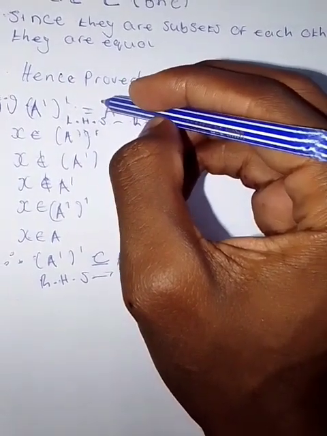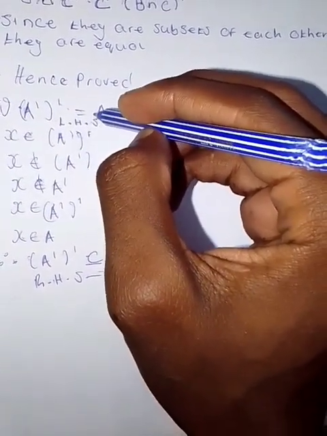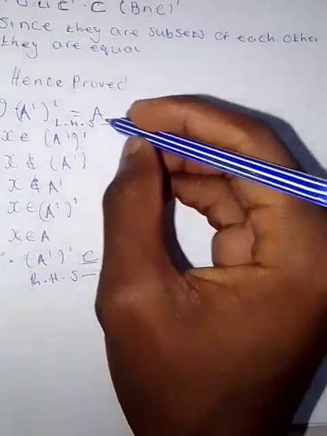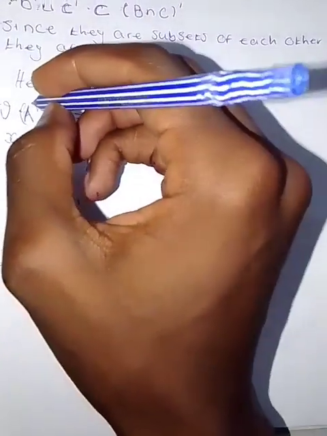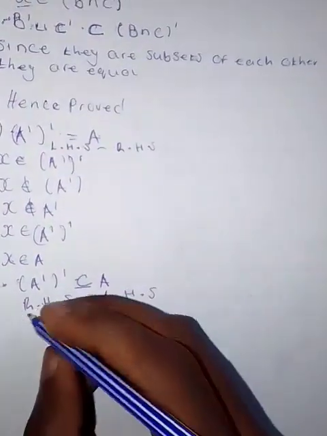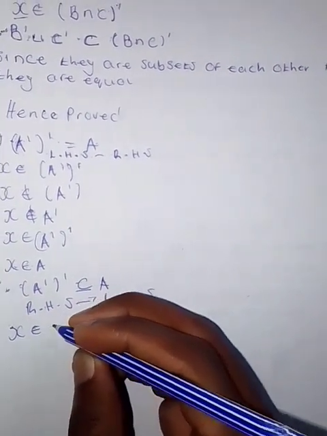That's like the basic knowledge when you are proving. So here we're simply going to reverse the whole procedure for us to reach this point, like the way we did here. So now we are going to assume that X is a member of A.